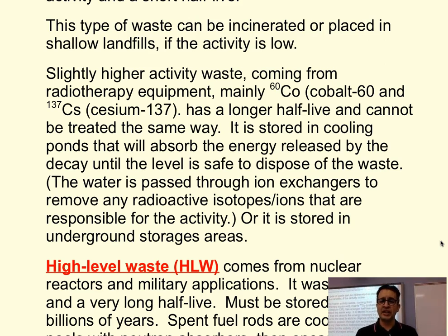Cesium-137 is particularly problematic because it's quite soluble. It's an alkali metal, and you know that all alkali metal salts are soluble. So this is also one of the things that we do not want to just put into a landfill or just incinerate randomly.